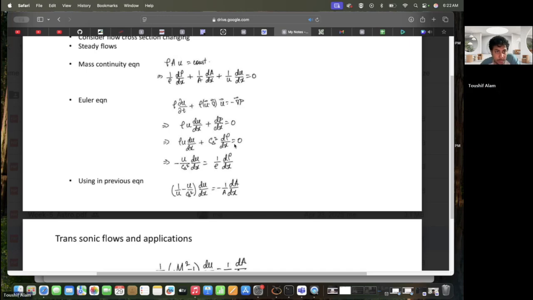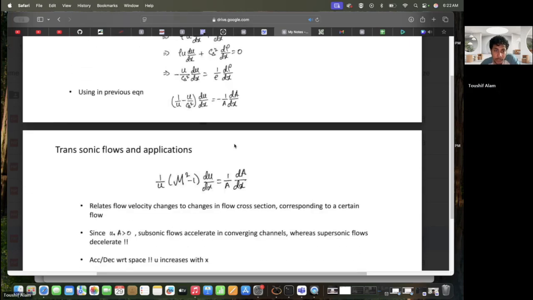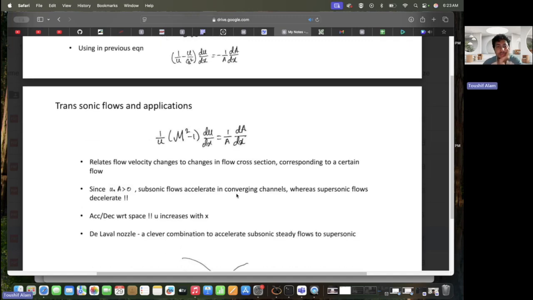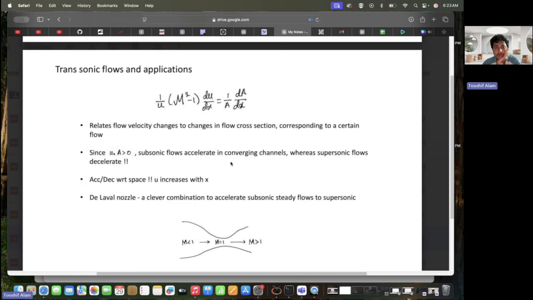So this flow equation is (1 by u)(M squared minus 1) du dx, because u squared by cs squared is M squared, equal to minus 1 by A dA dx. So this relates flow velocity changes to changes in flow cross section.